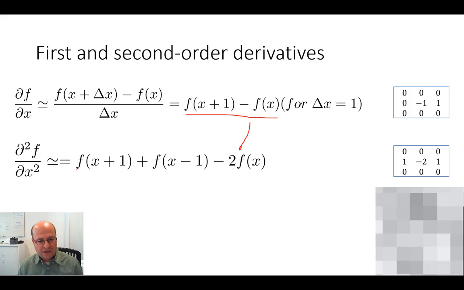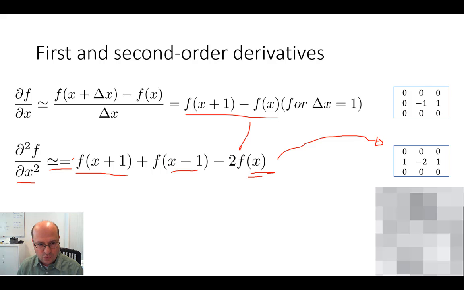This is an approximation of the second derivative in one dimension: f at pixel x plus 1, plus f at pixel x minus 1, minus 2 times the value of the function in the middle. This becomes this kernel, the kernel for the second derivative.